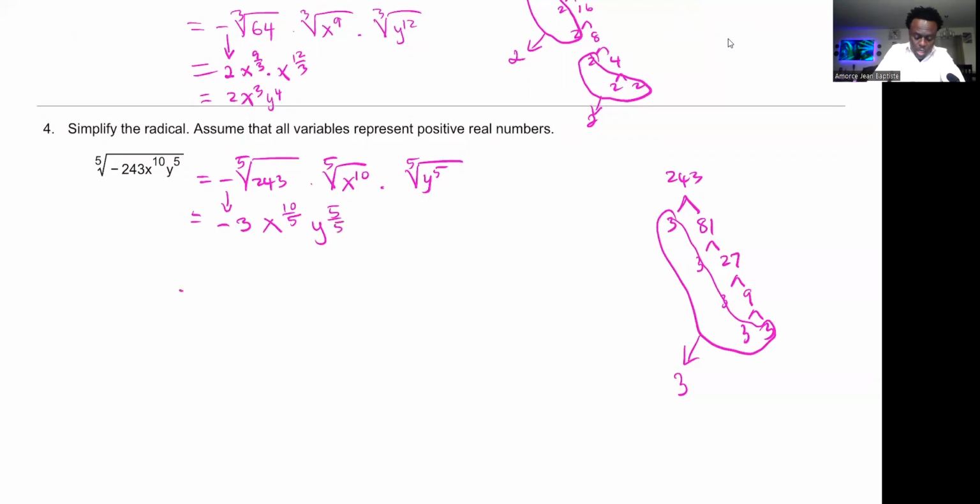And then we can simplify now to have the final answer. Negative 3x to the second, 10 divided by 5 is 2. And then y power 1, you don't even have to put it. So that's negative 3x to the second power y.